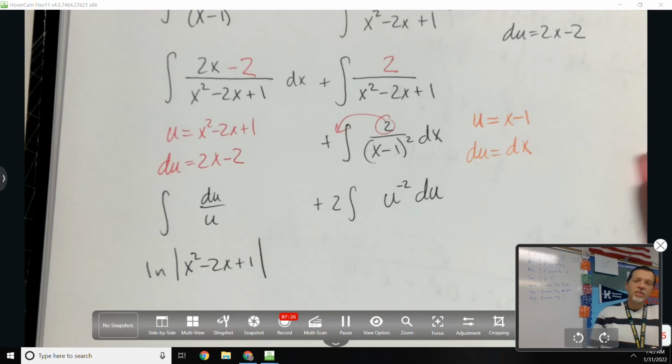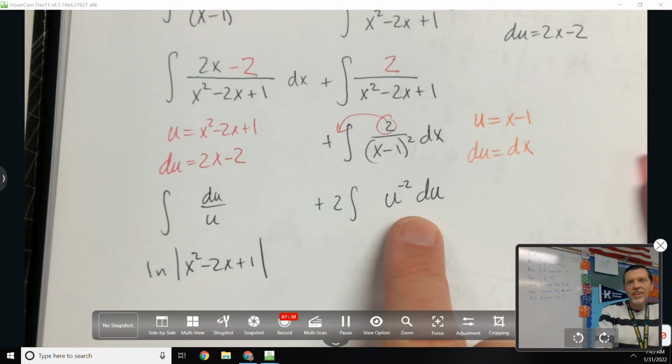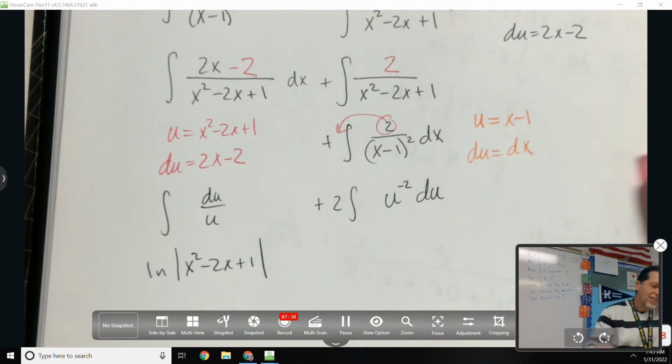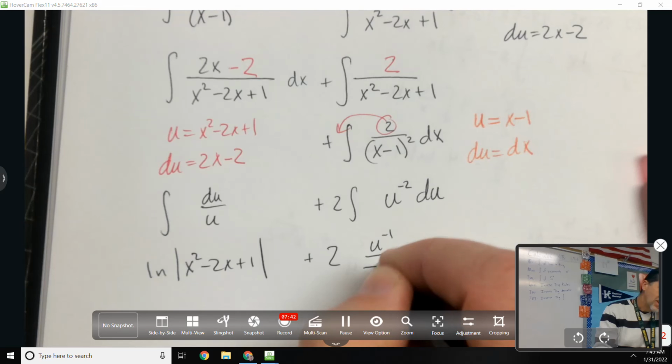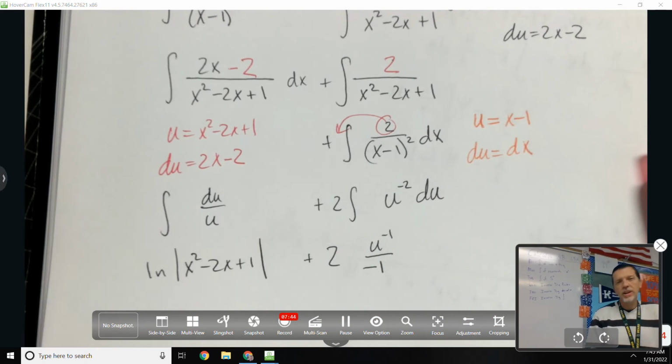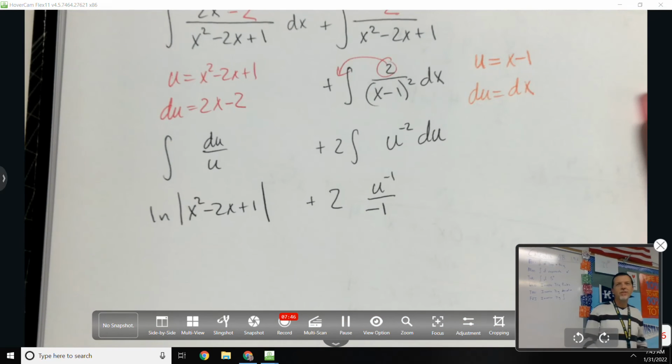I don't remember if it was this class or other classes. That integration was on that test, and it was a mess. If I add 1 to negative 2, what do I get? Negative 1. People were getting negative 3 there. I don't know if they added wrong or if they subtracted instead of added.